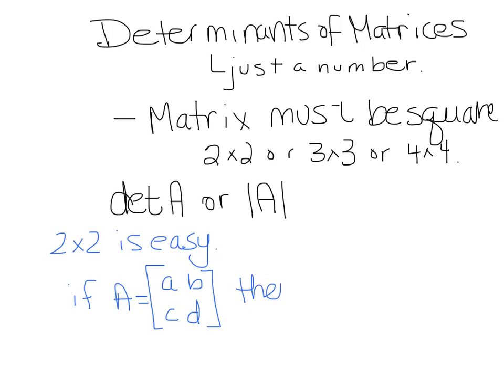Then I'm simply going to call the determinant of A is equal to the number given by multiply A times D minus the product of B times C. And whatever that number is, that's your determinant. So, one way to think about this is to multiply this diagonal and then subtract this diagonal, okay?